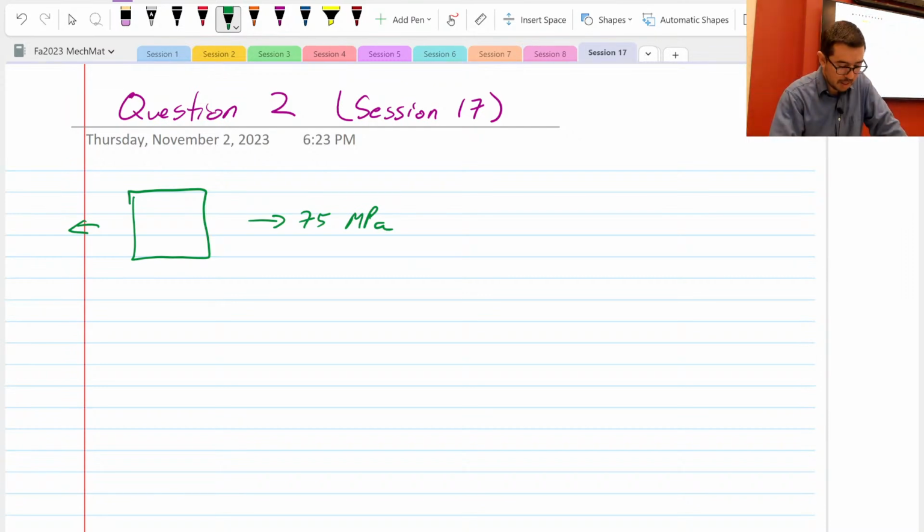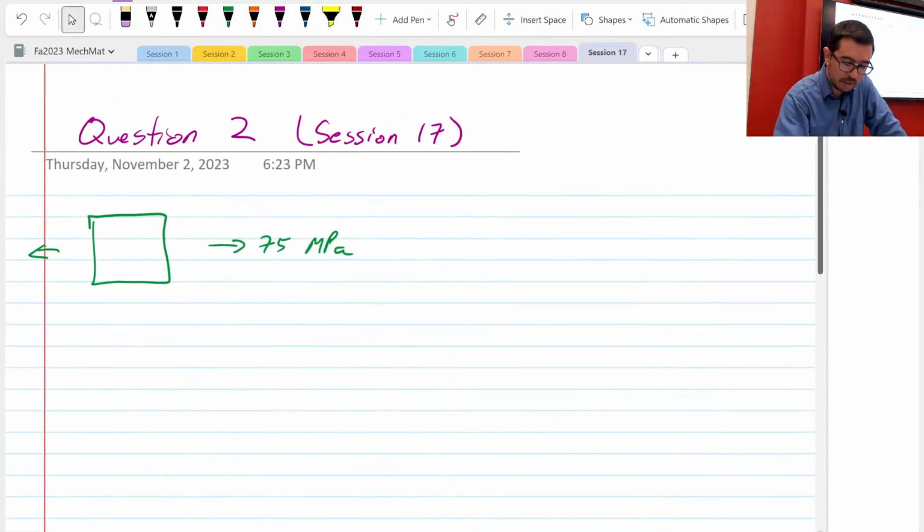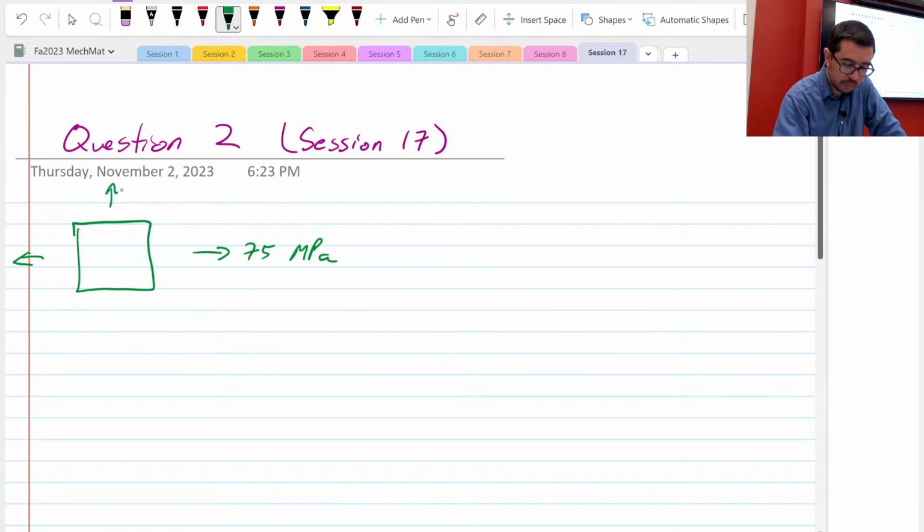So we have a sigma x, let's say, of 75. We have a sigma y of 100. Okay, and we do have tau xy. And this is going to be, for our purposes, 25.